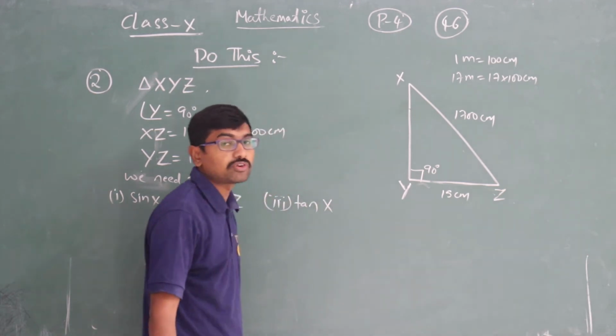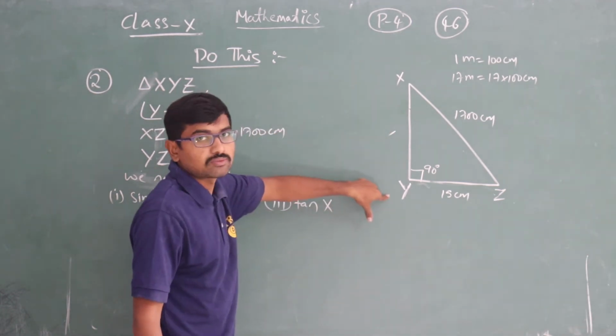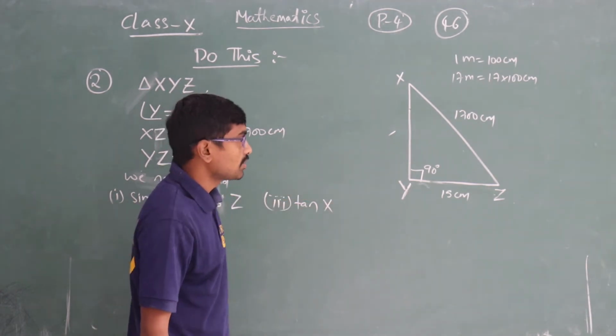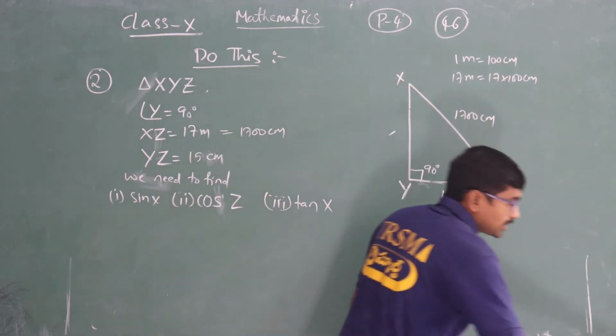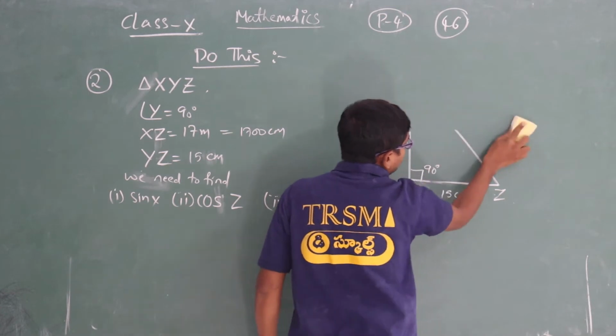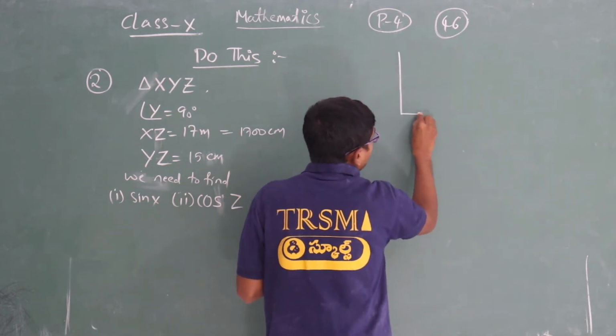Now what do we need to find first? We need to find sin X, and for that we need XY. How do we find it? By using the Pythagoras formula, isn't it? Let me draw this diagram small so that I can solve using the Pythagoras formula.